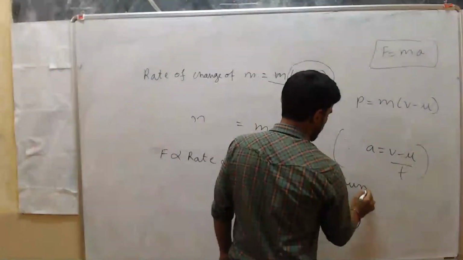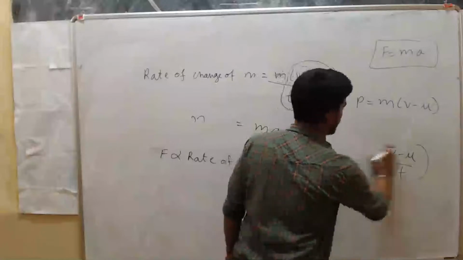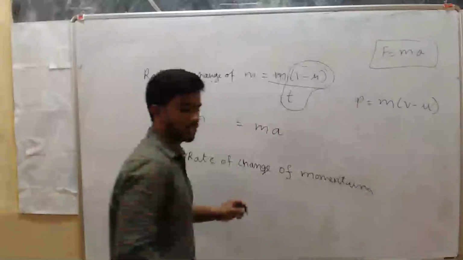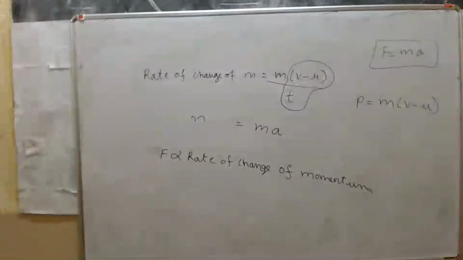This is the statement of the second law of motion. What it states is that F is directly proportional to the rate of change of momentum, which means the rate of change of momentum of a body is directly proportional to the applied force. So that is the statement of the second law of motion.